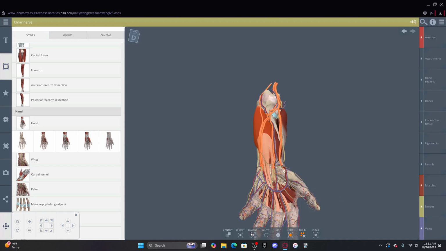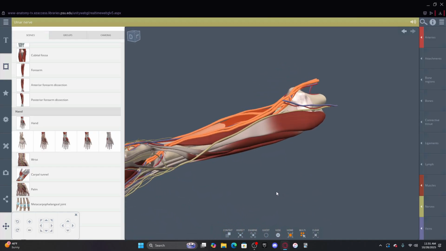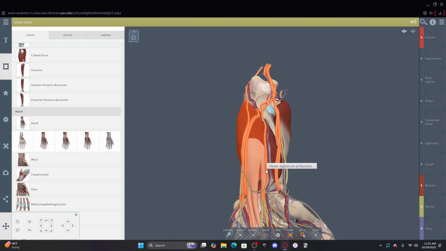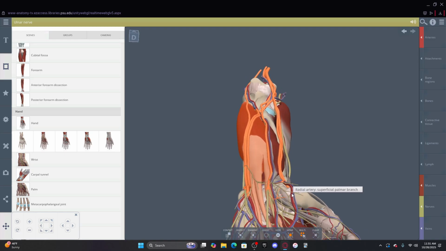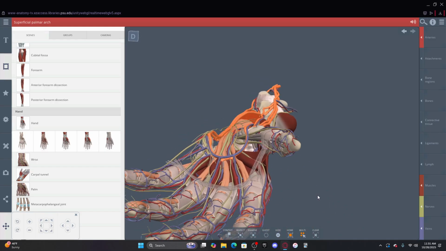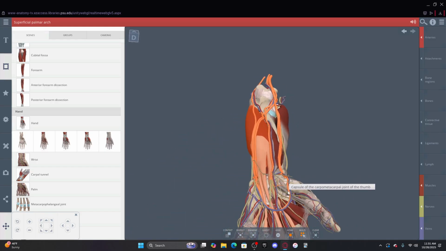Coming from the radial artery, we have the superficial palmar arch arteries. All right, so that's that. Superficial palmar arch arteries coming from the radial artery.